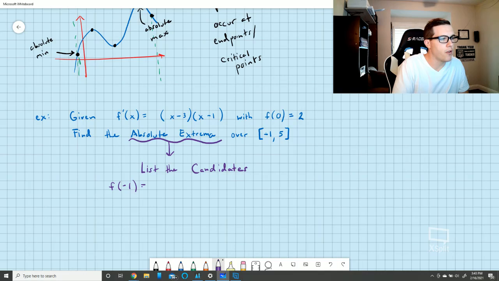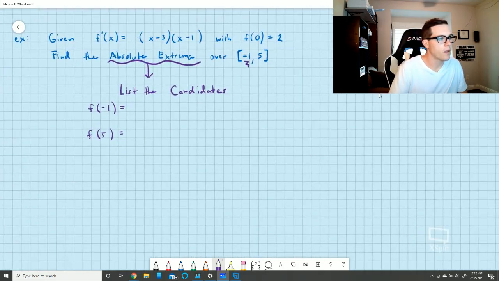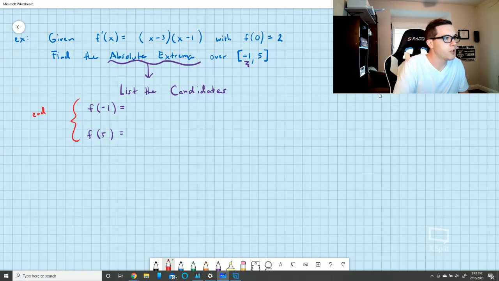You don't get the value, you're going to have to find it, but you know it's this endpoint. And f of 5, we're going to have to find that one. Those were your endpoints, these two, which will be given by the interval.